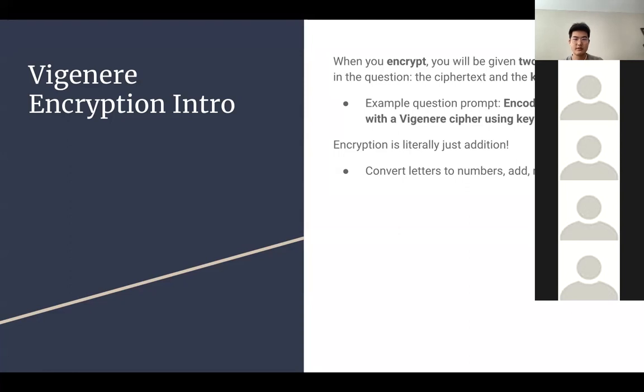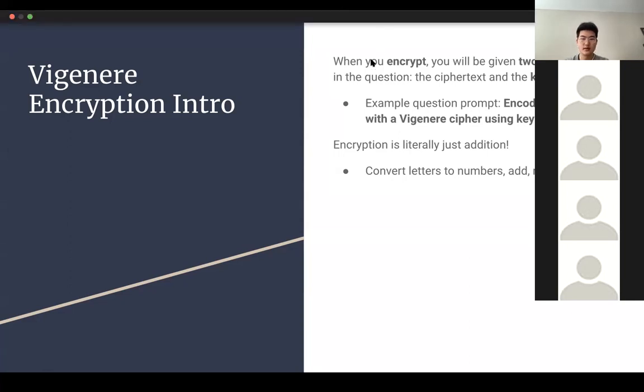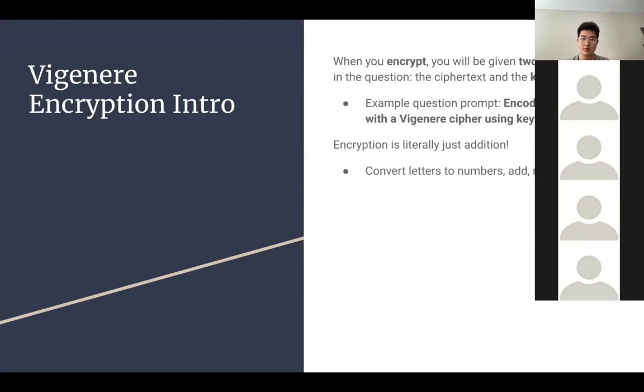So remember, plain text is what we actually want to say. And you're also given this thing called a keyword. Using those two things, you're going to make the plain text into the ciphertext, because that's what encryption or encoding is. So yeah, hello is our plain text. I just miswrote it as ciphertext.